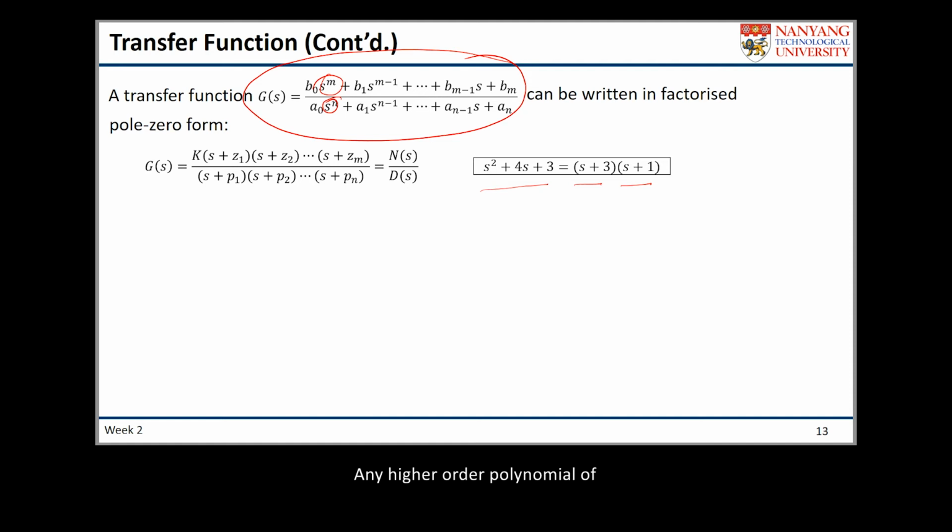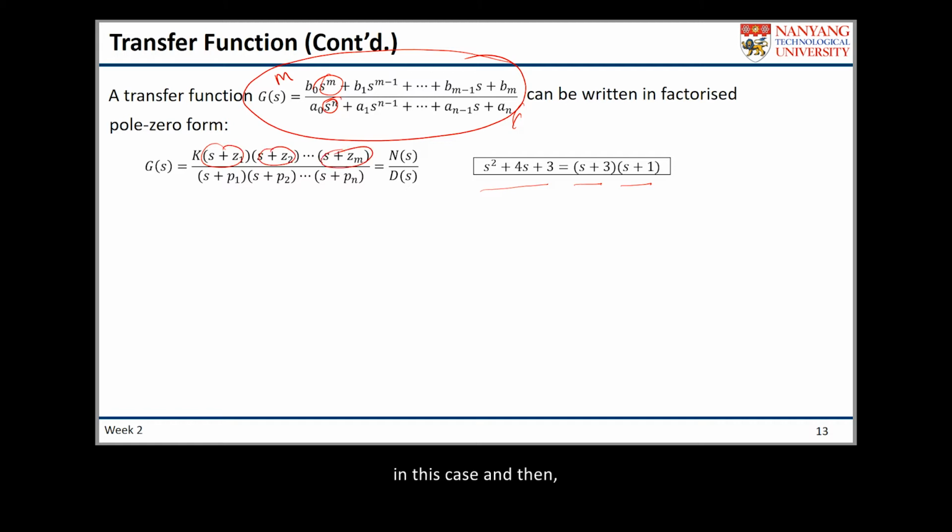Any higher order polynomial of s, you can always factorize as well. So the same thing applies to this transfer function: you can always factorize both the numerator and the denominator. Let's take a look at the numerator. Since we have an m-order polynomial of s in the numerator, if you factorize it, you will have m factors.